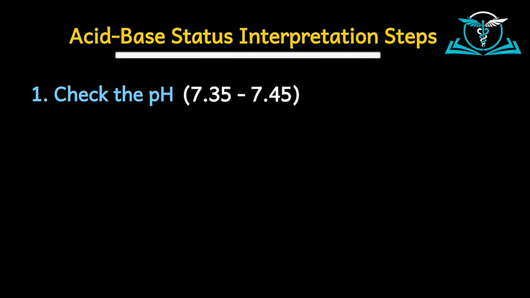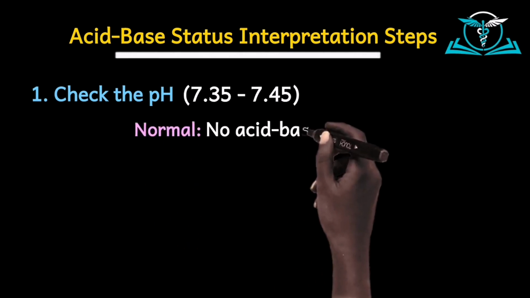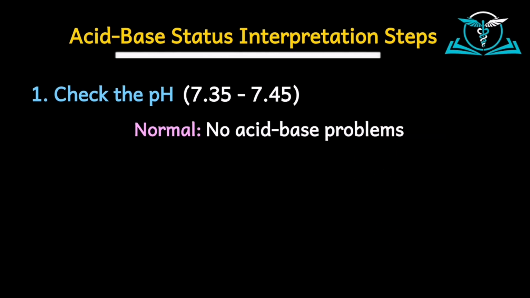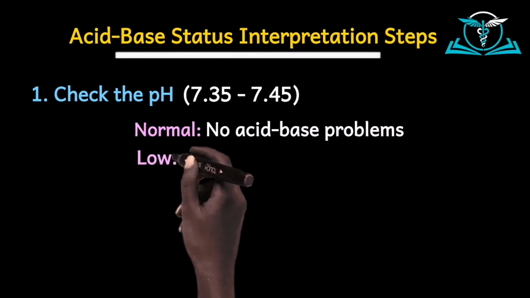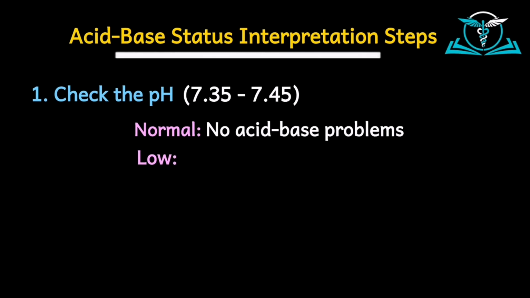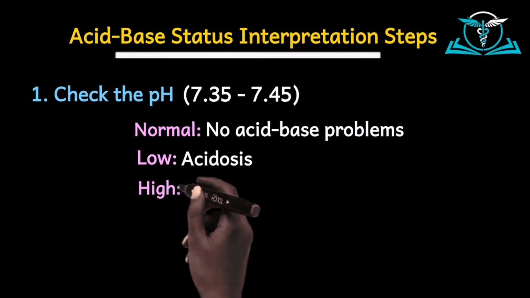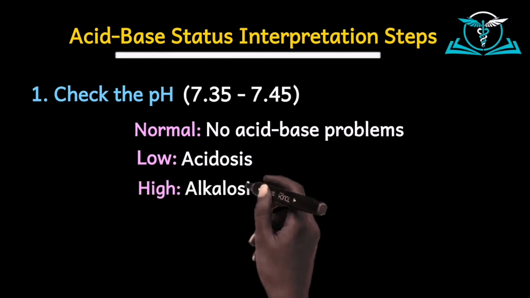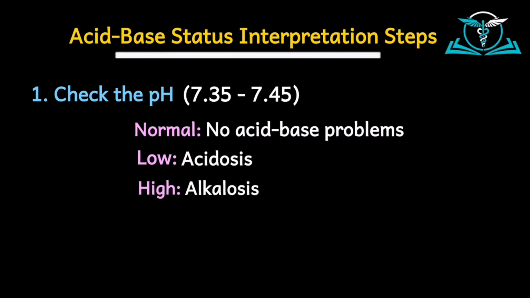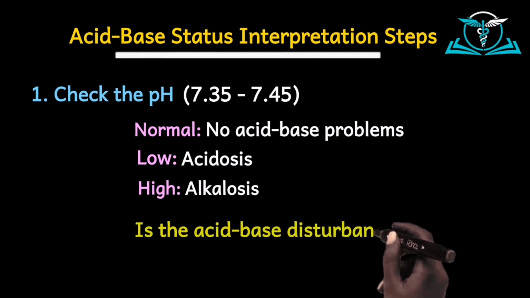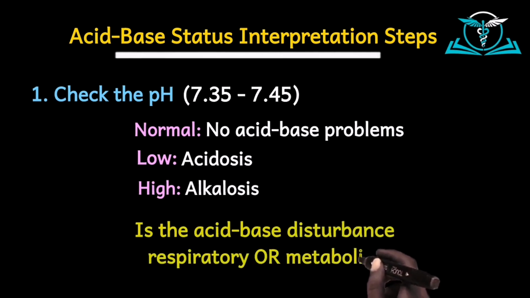And so when you check the pH and it's within normal range, then most likely there are no acid-base problems. But if it is low, that is less than 7.35, then there is acidosis. And if it is high, then there is alkalosis. From here, the next thing is to check the origin of the acid-base problem. Is it respiratory or metabolic in origin?